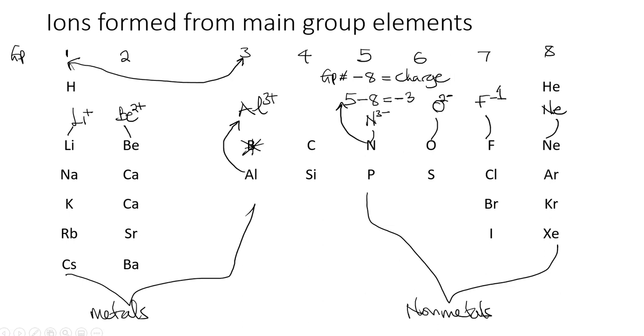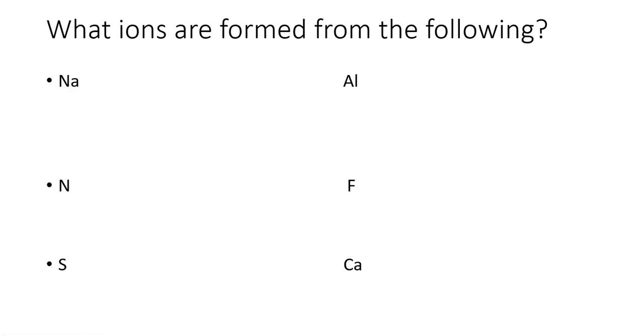So let us practice what we have just discussed. What ions are formed from the following? I'll just show you how you are going to solve a problem like this one. First, we have sodium. So first I will write the group number of sodium.